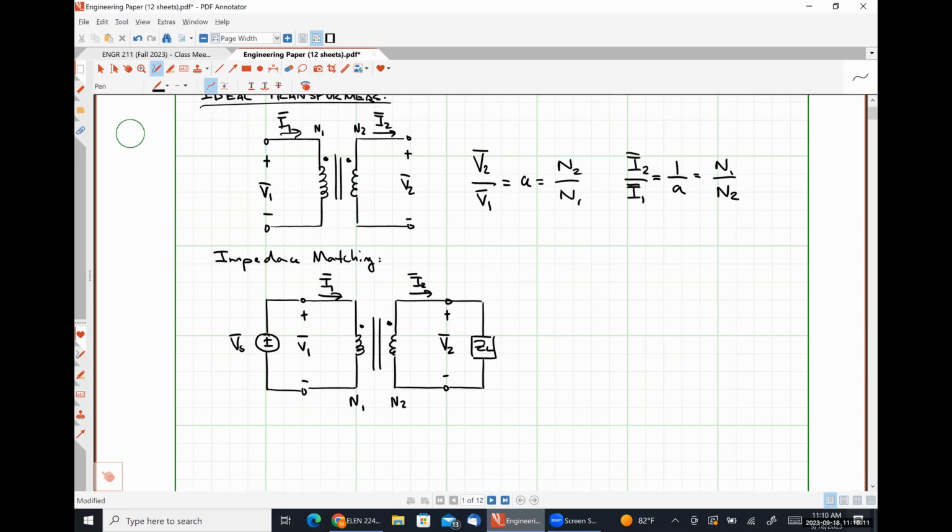So what we are going to find is what the impedance seen by our voltage source looks like. We're going to be reflecting the impedance over to the prime using these relationships. Okay, so it should be fairly straightforward.